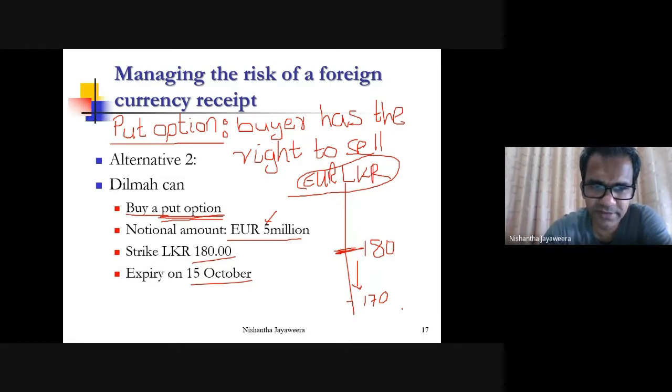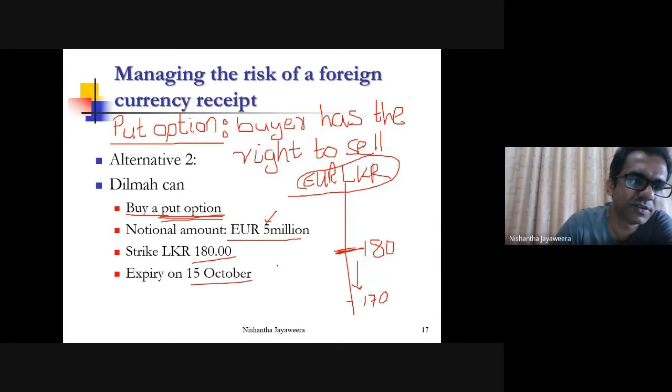To do that, the exporter wants to sell the foreign currency, therefore buys a put option. Then what would happen on October 15th?